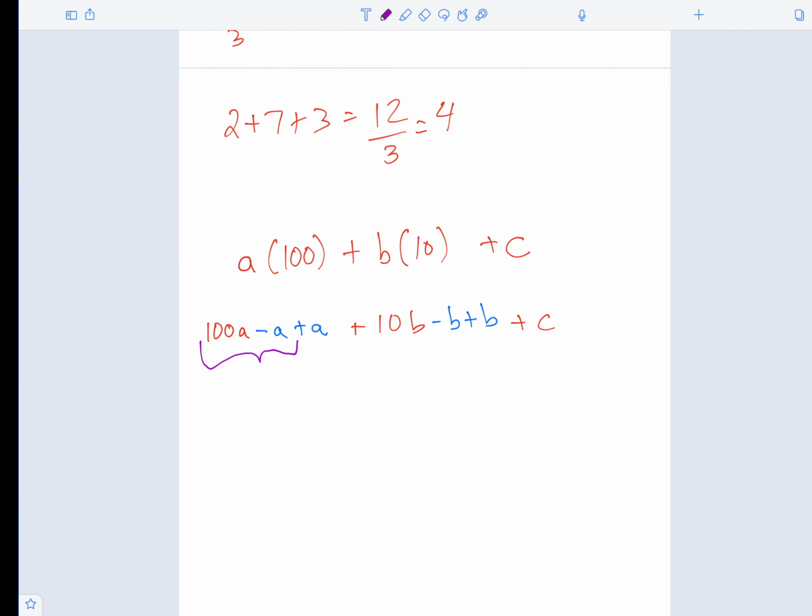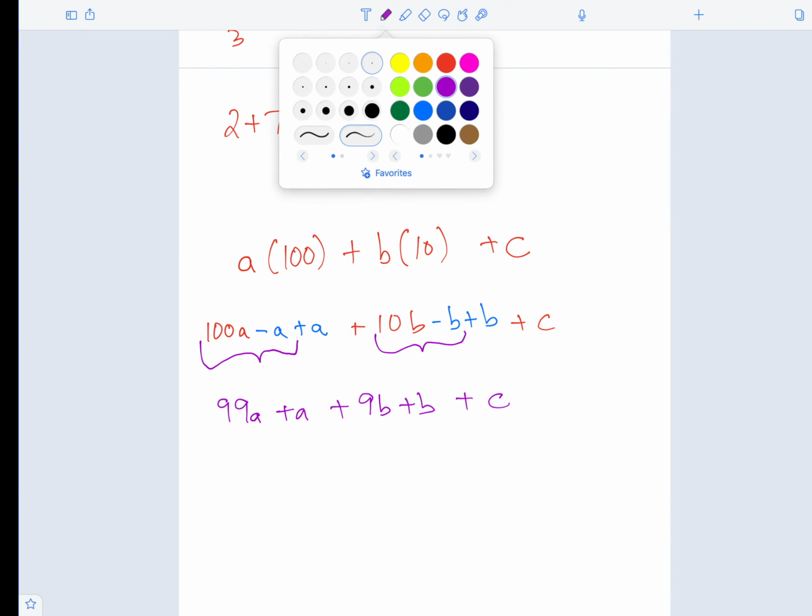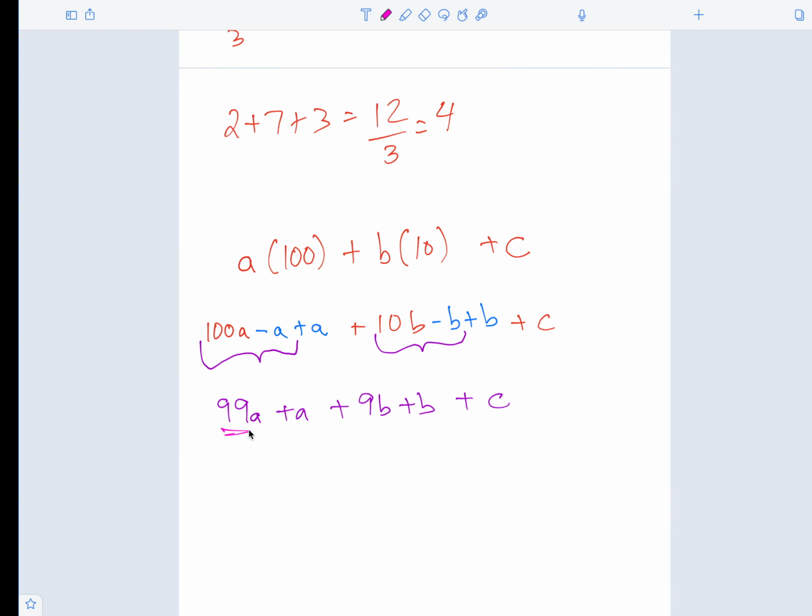Well, this is going to give me 99A plus A, and 9B plus B with the last digit of C. And now I can group my 99A and my 9B together, and I can put the A plus B plus C together as well.